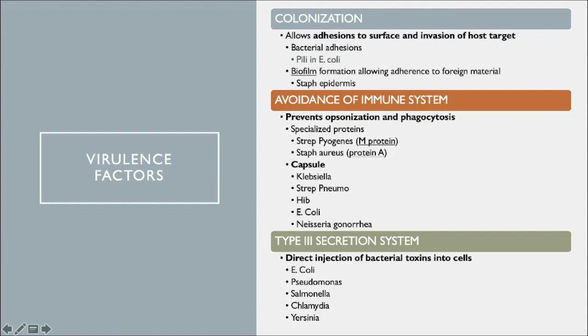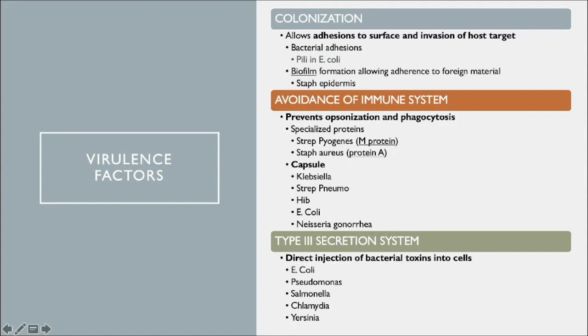There are also some that have specialized proteins that kind of allow them to evade the immune system. The prototypical example being M protein in Strep pyogenes. This is actually what allows rheumatic heart disease to occur because it acts like a molecular mimic.